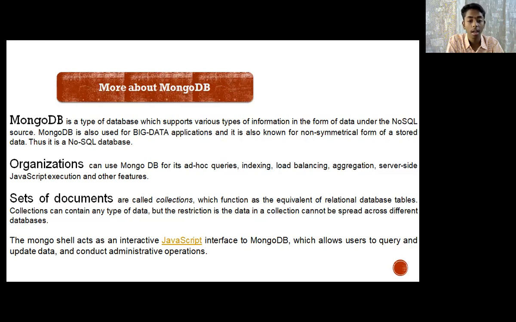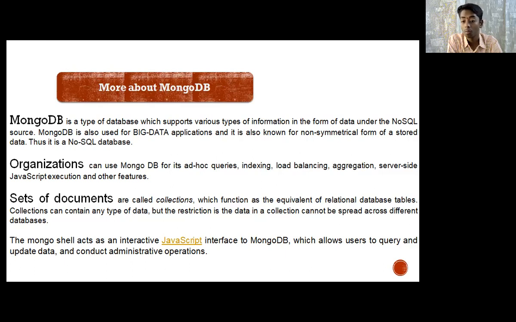Collections can contain any type of data. You can retrieve or store any type of data you want, which doesn't have any limit or restrictions. The restriction is that the data in a collection cannot be spread across different databases.